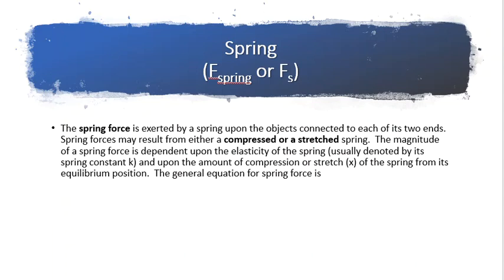Another type of force is called spring force. So if I have a cart and I attach a spring that is fixed to a wall, and I push and pull this cart, the spring force will act to keep this object from going back and forth.